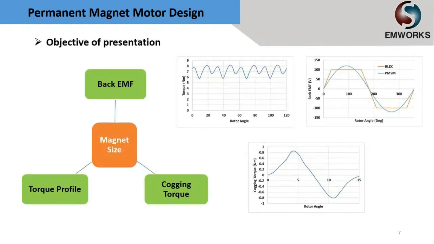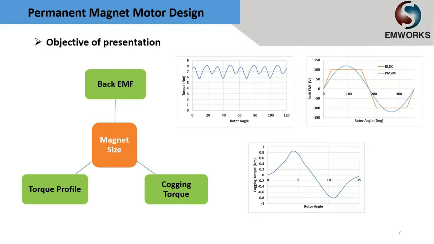The objective of this presentation is to study the effect of magnet dimensions on back EMF, cogging torque, and torque profile to answer these two previous questions. I have shortly explained these parameters in a previous presentation, but for those who are not familiar with them, I will explain again.